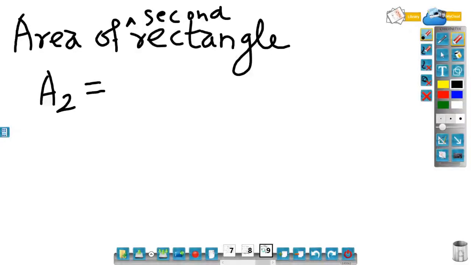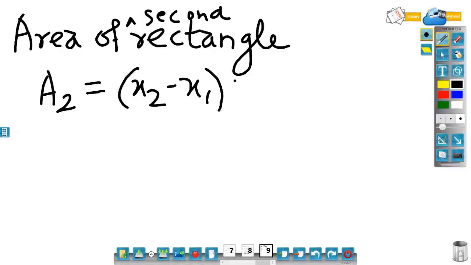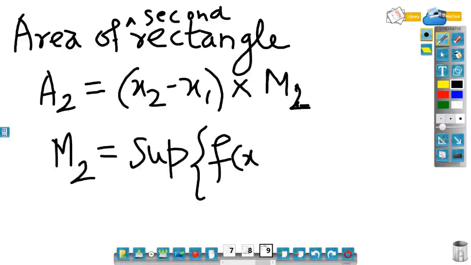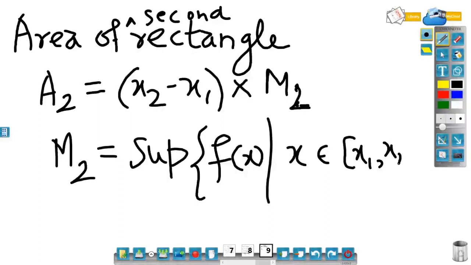So A2 is nothing but x2 minus x1 times m1. I have used m1, but I should say m2 now. So what is m2? m2 is the supremum of my function f(x) such that x belongs to x1 comma x2.